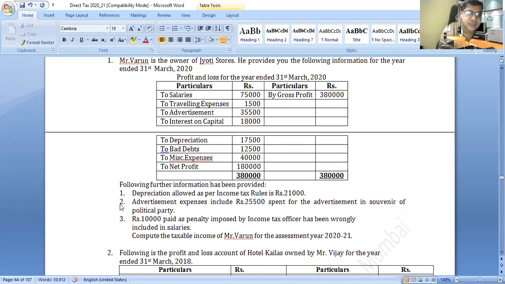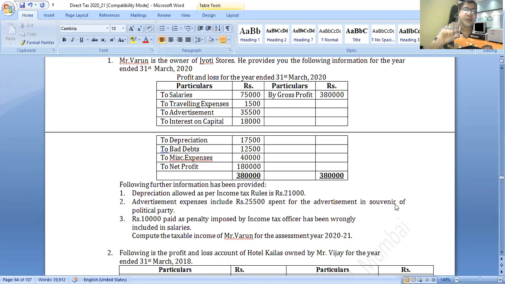Now if you see the second information, advertisement expenses include rupees 25,500 spent for the advertisement in the souvenir of a political party. It means every political party publishes a souvenir. Souvenir means the booklet of the party.